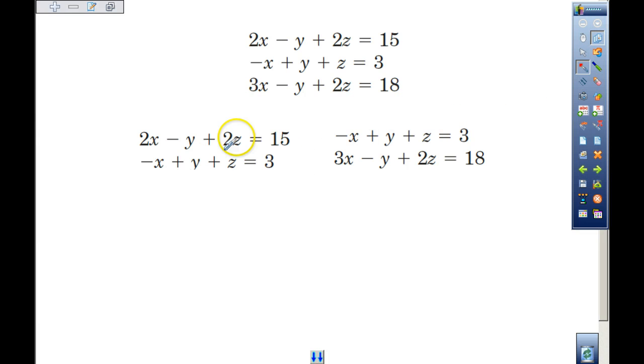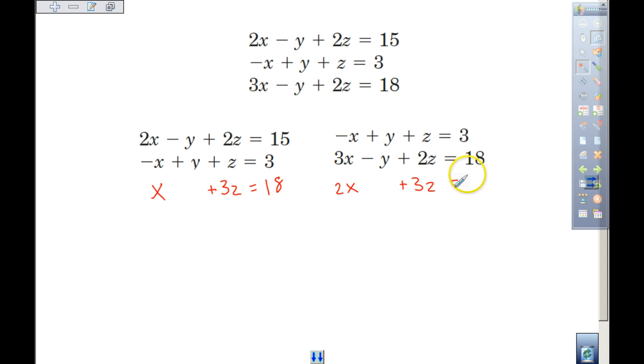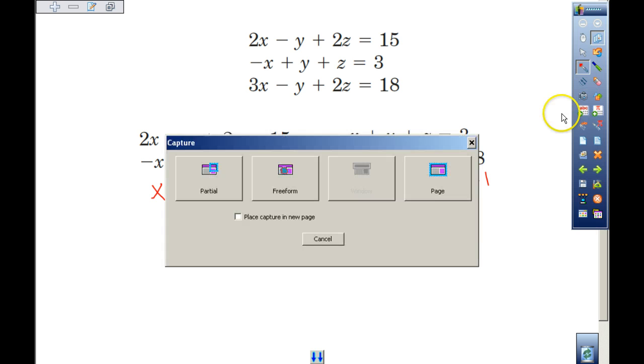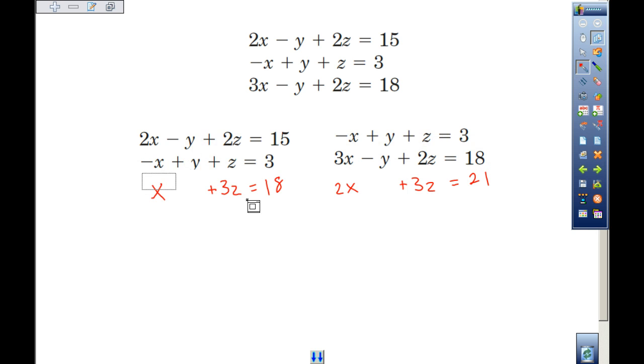Let's see what we get here. End up with x plus 3z equals 18. And 2x plus 3z equals 21. So these two we have to figure out now. Take that.